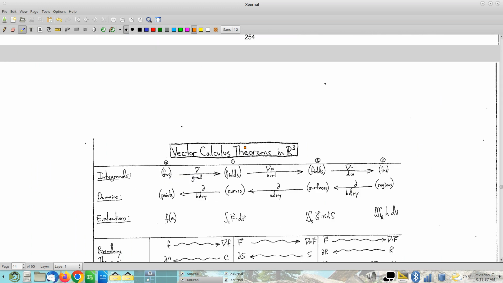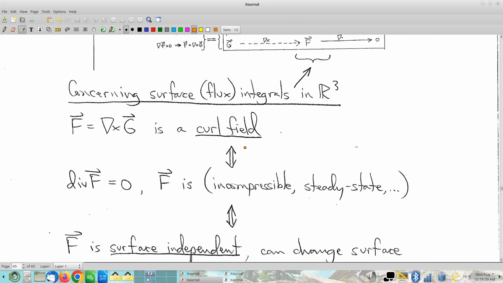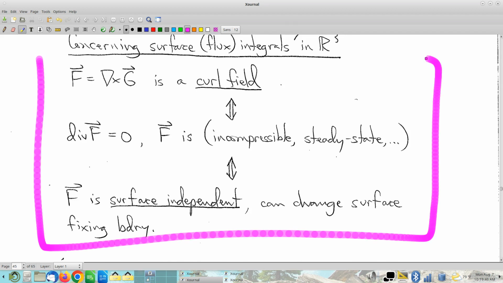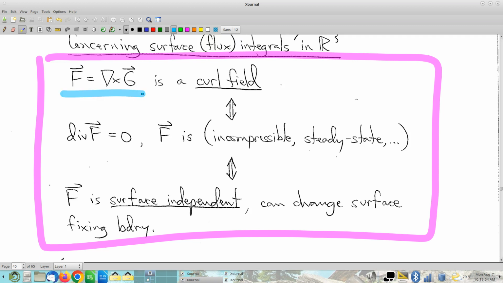Now, going on, let's talk about a different collection of special vector fields. Not gradients, but curls, for which divergence is 0, aka they're surface independent.